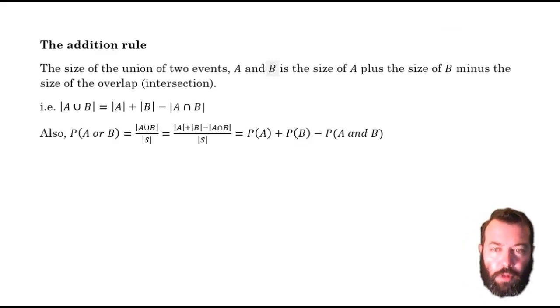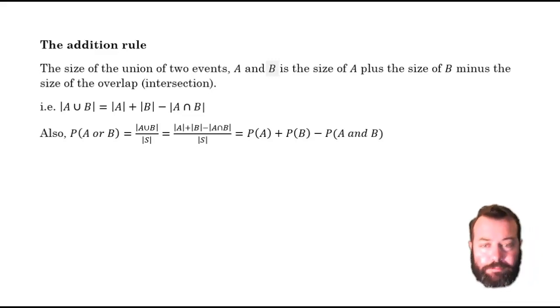And similarly for the probability of A or B, it's the union, the size of the union divided by the size of the sample space, which is the size of A plus the size of B minus the size of the intersection, all divided by the size of the sample space. Which, if you like, is the probability of A plus the probability of B minus the probability of A and B.